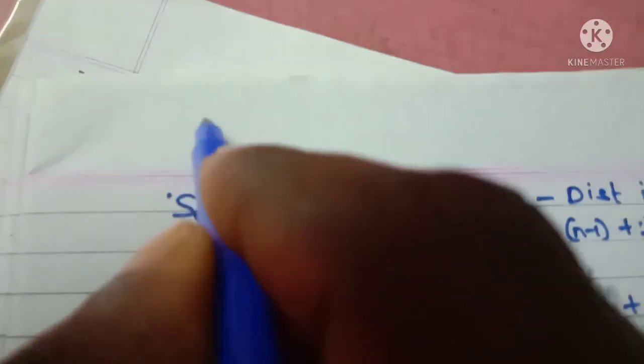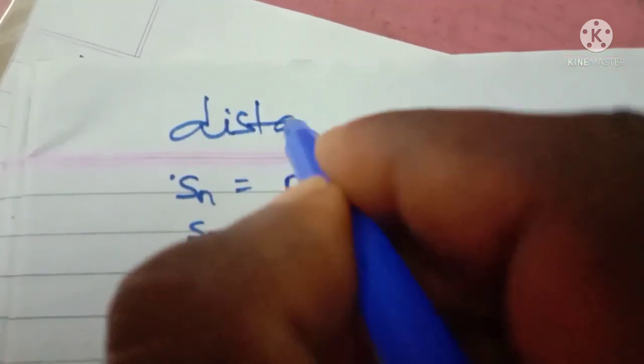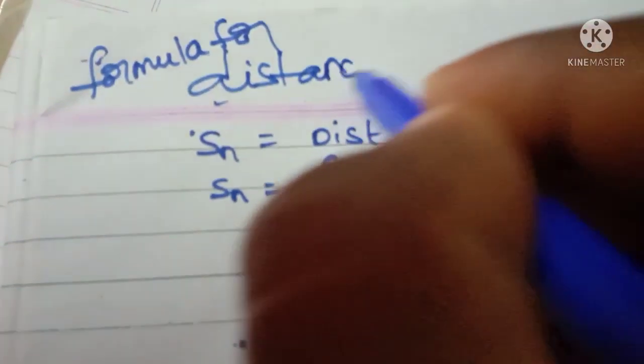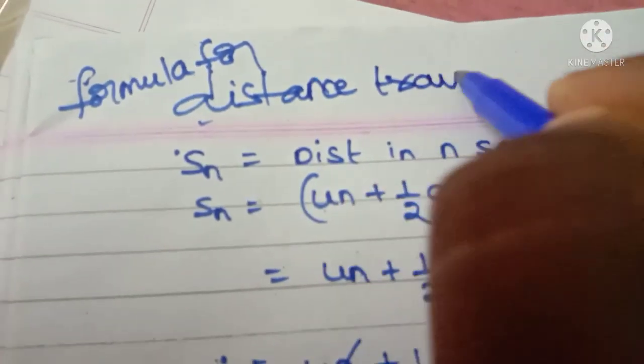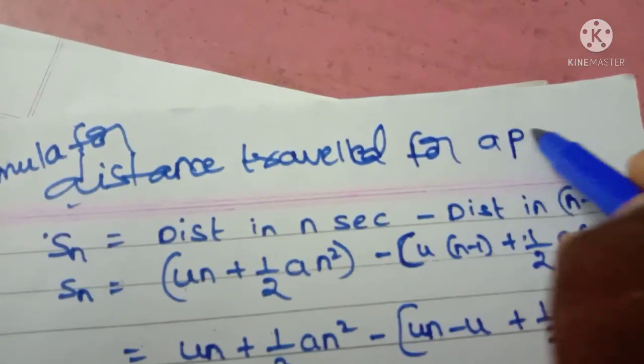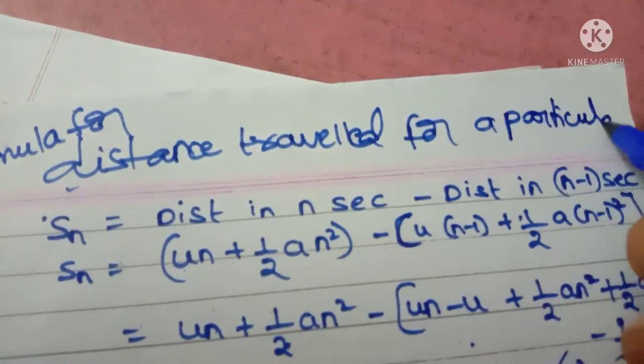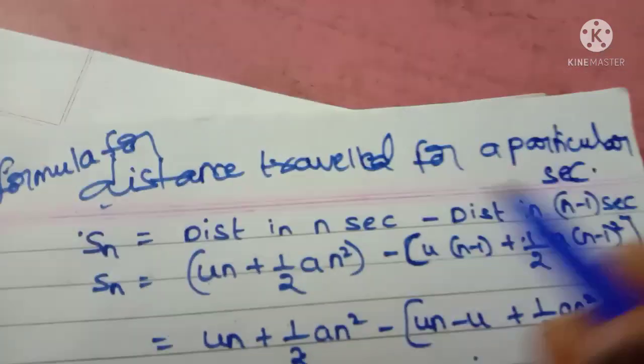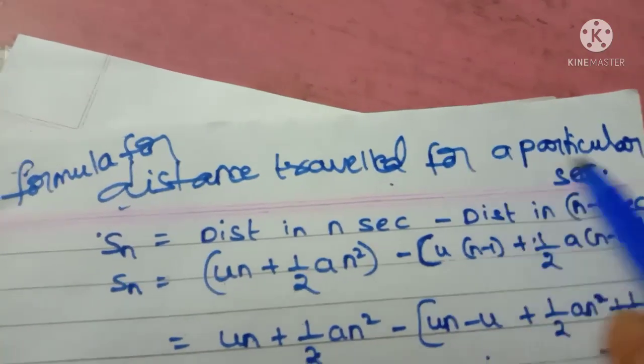See, I am telling distance. So this is the formula for distance traveled for a particular second.